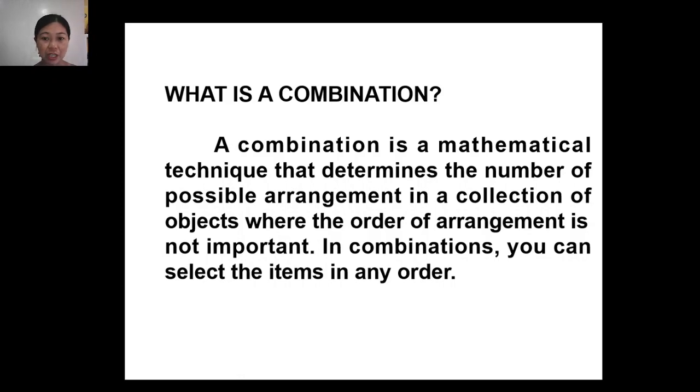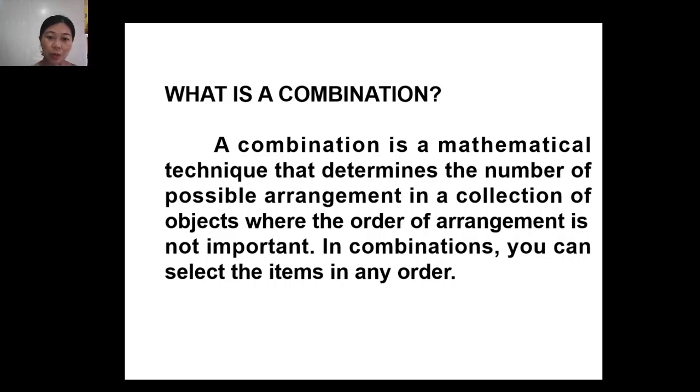That is the difference between combination and permutation, because as I have said a while ago, when we say permutation, arrangement is important. But this time, when we say combination, arrangement is not important. So you can select the items in any order. It's a matter of selecting, it's a matter of forming.